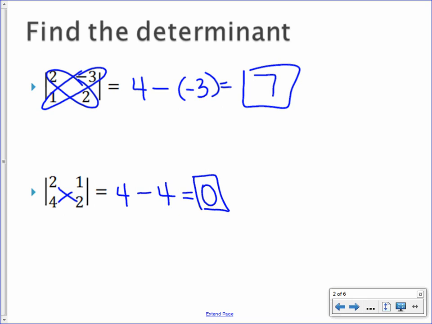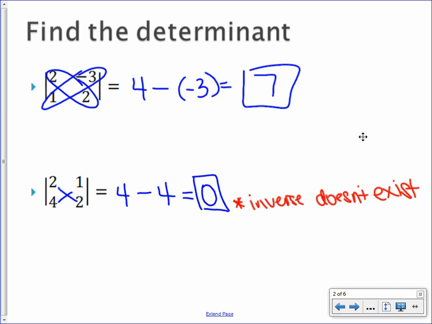So if my determinant is 0, what is that telling us? What would be a sign? If our determinant is 0, this means that the inverse doesn't exist. Because when we find the inverse of a 2 by 2 matrix, we take 1 over that number as our scalar, and we can't divide by 0.